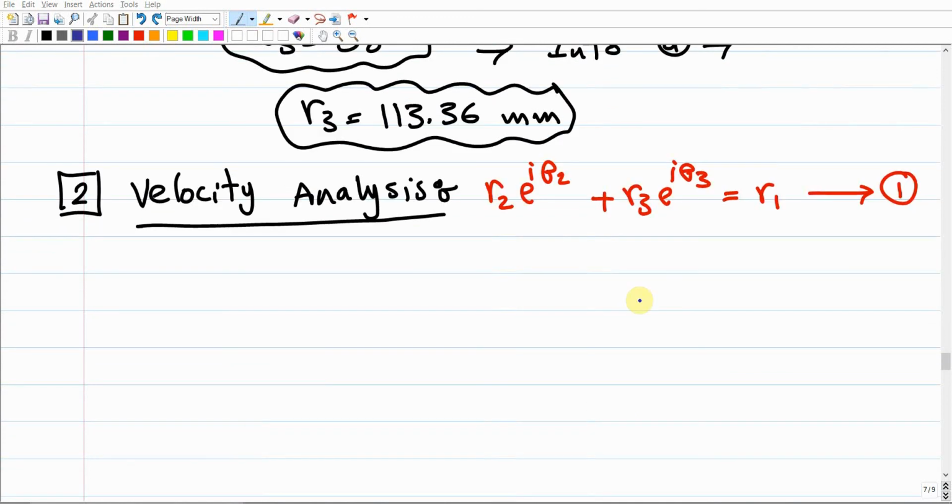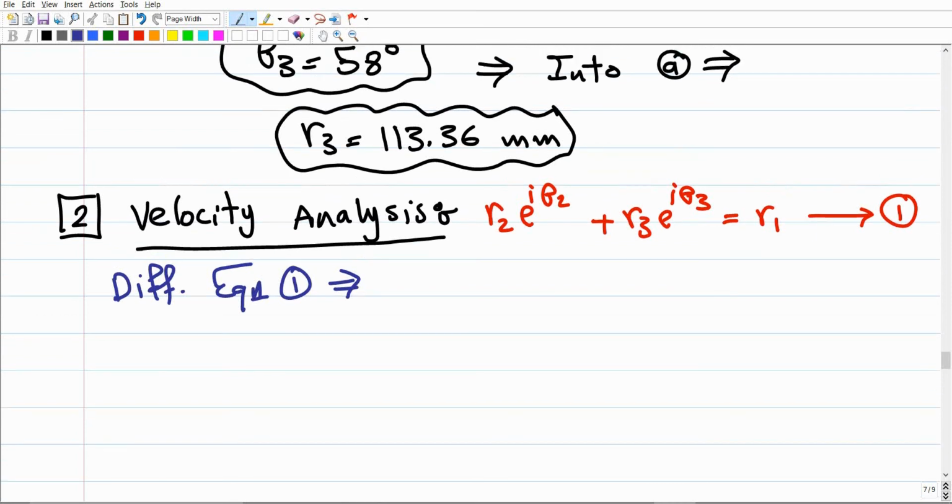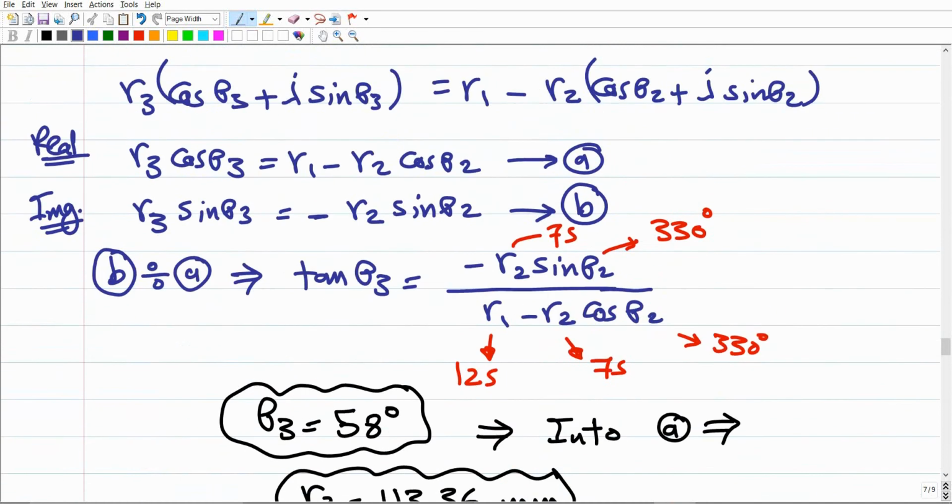So I brought equation 1, which is the loop closure equation for the position analysis. Now we are supposed to differentiate equation 1, but to do the differentiation, we have to figure out which of these r's and thetas are constants and which are variables.